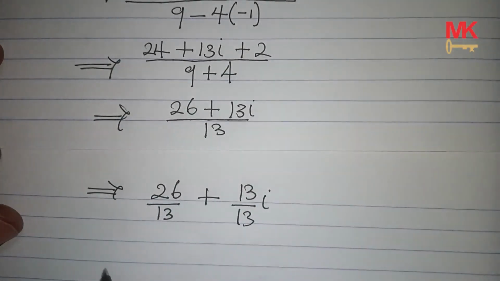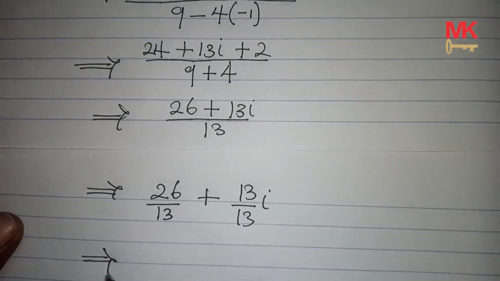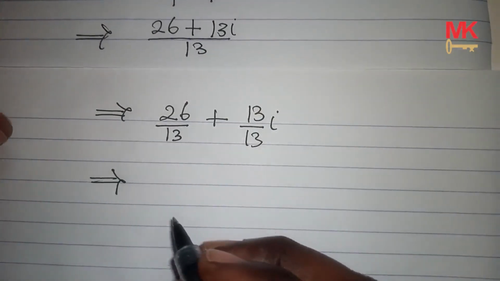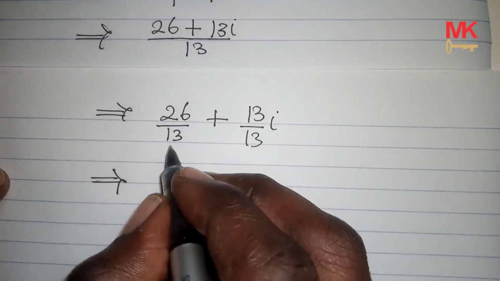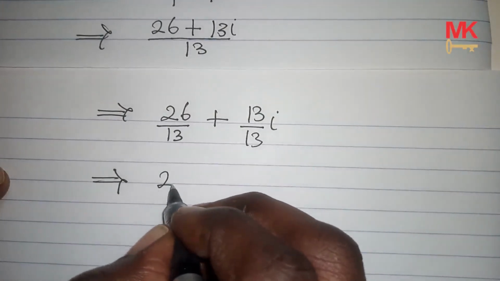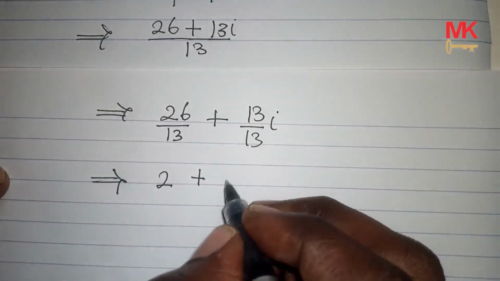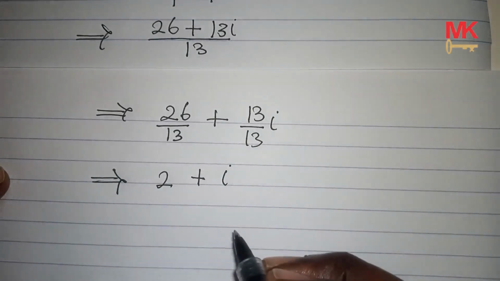So this is it. Now 26 divided by 13 gives us 2, then plus 13 over 13 is 1, so that's i.